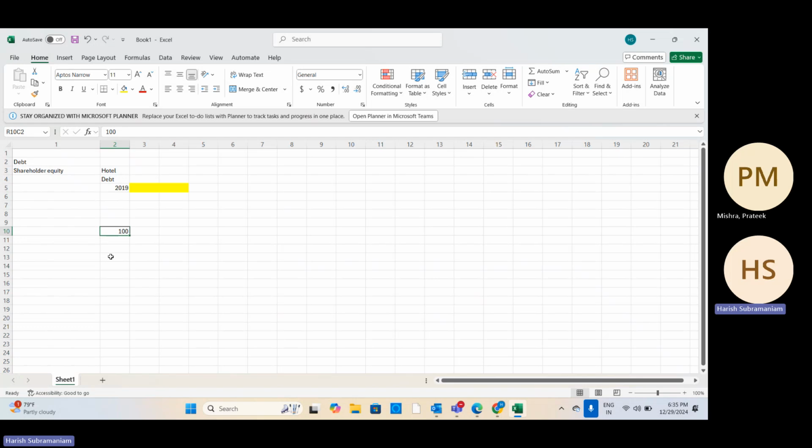Let's say I have an average inventory of 100 crore, and my sale is also 100 crore. This is case one.